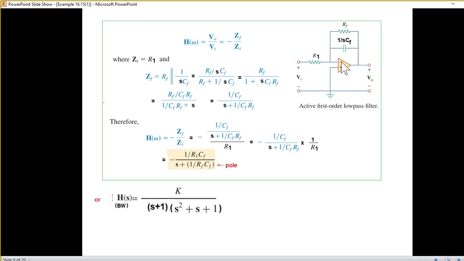If you see the first order low pass inverting filter, we can solve this to get its transfer function. We will not go into the details, but you can just follow these steps. So this will be the transfer function. And from here, we know if we put the denominator equal to 0, we get the pole. So this will represent the pole. So just like here, s plus 1, we have s plus this term.